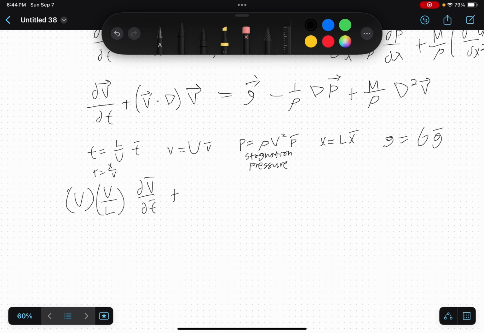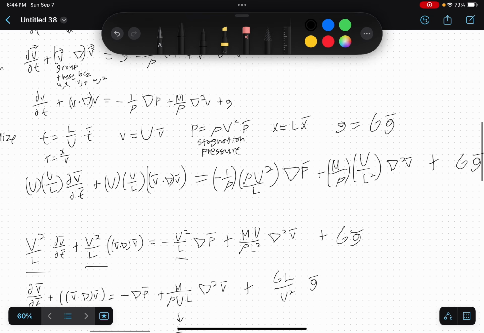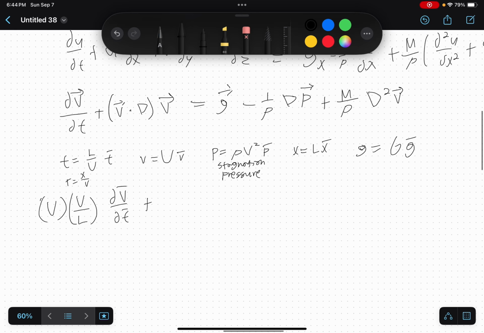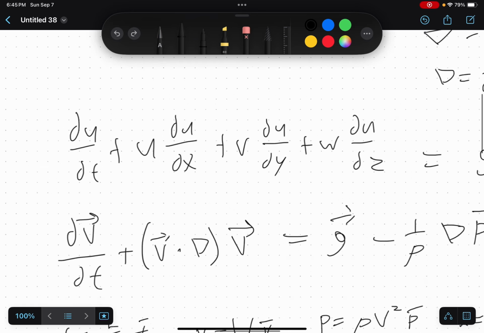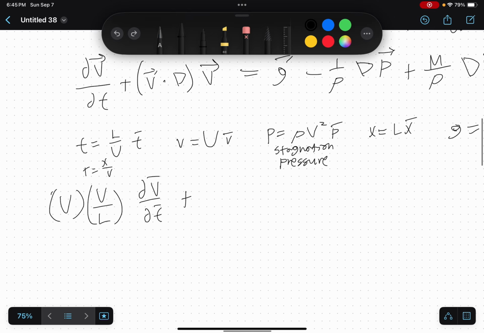Okay, plus second term. Same thing. Why is it the same thing? It is the same thing because it's basically one of these. They're all the same. It's a velocity times a d velocity d distance.